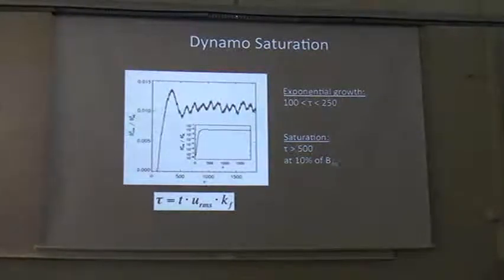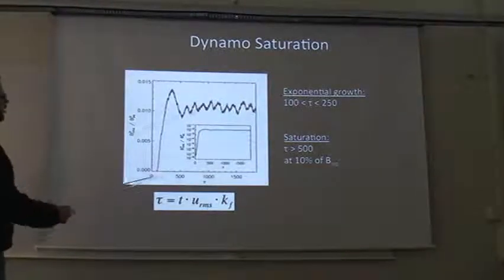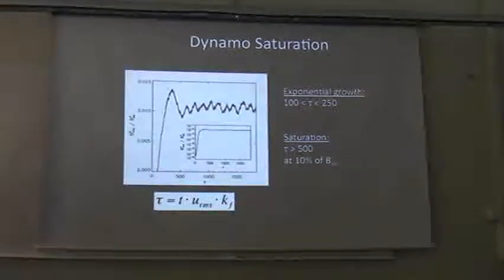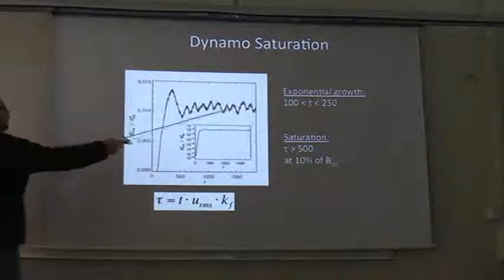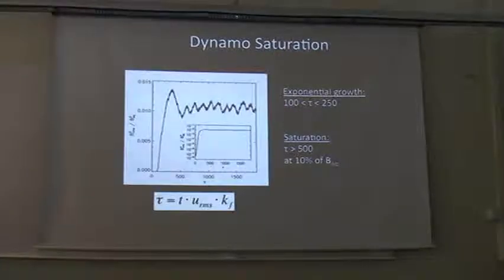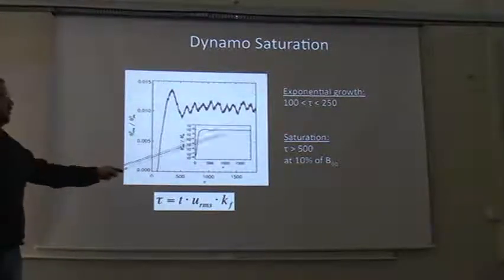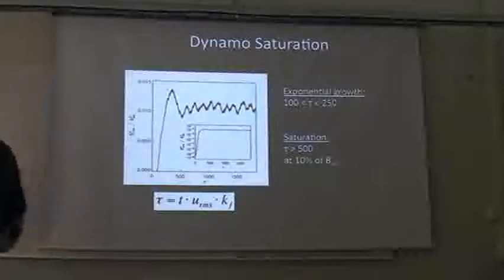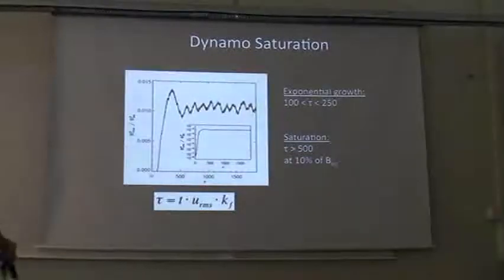So it's about 10% of the equipotential value. And what you see is that you get in the first part exponential growth, and then a saturation. This really means that there's a dynamo working. If you don't have a dynamo, it wouldn't go up, and would go down afterwards because of the diffusion.